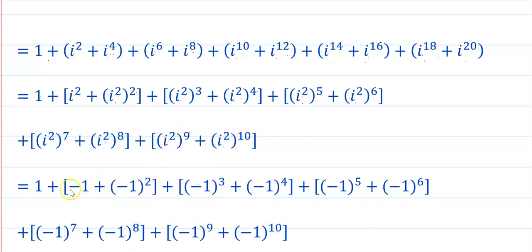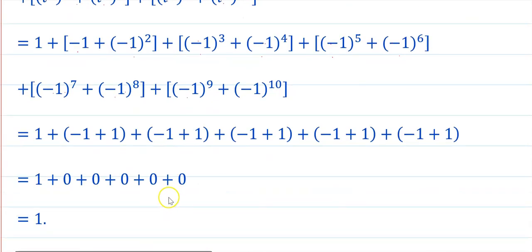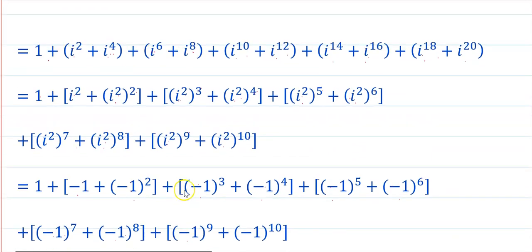Then what happens here? This plus 1 as it is. Minus 1 plus minus 1 squared, you are getting 1. Here minus 1, here plus 1, and so on. The value of all these brackets gets 0, and hence the answer is 1. You can see.